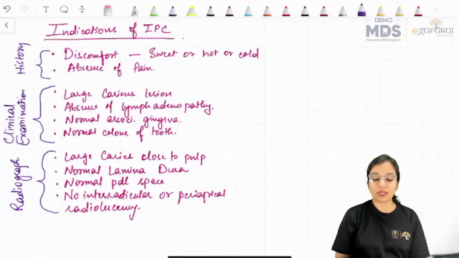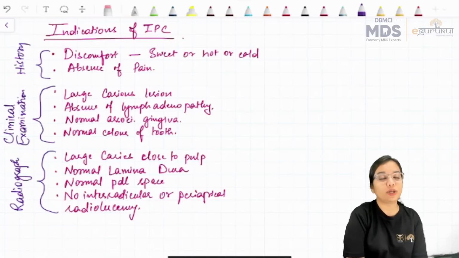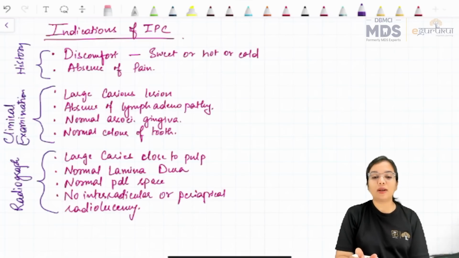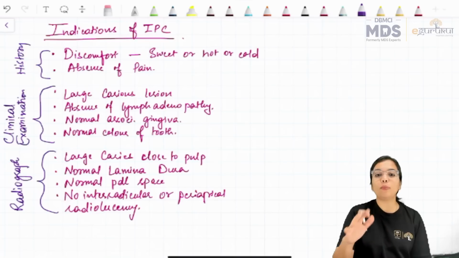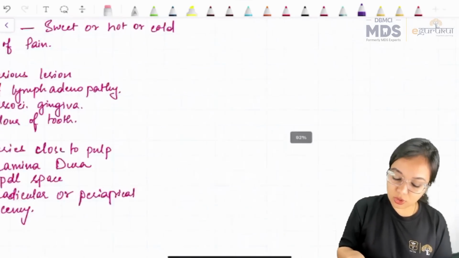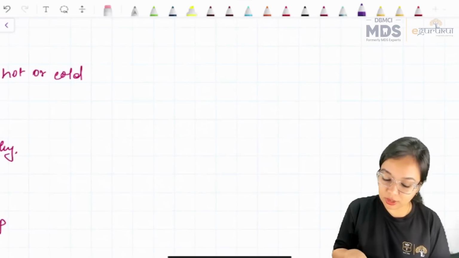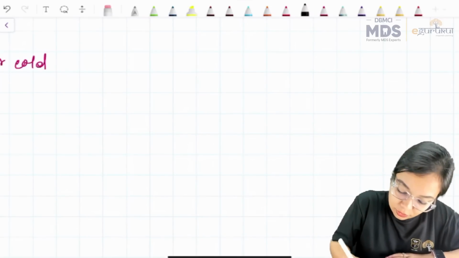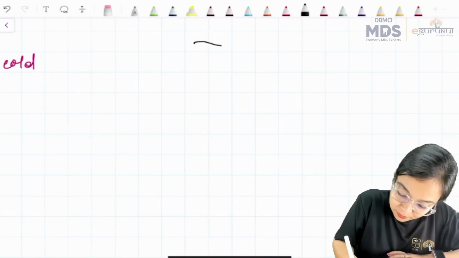Now let me just tell you what is the meaning of lamina dura, why it is normal in such cases, and what is the meaning of a normal periodontal ligament space. Okay, so just pay attention over here. I'll have to draw the tooth again.